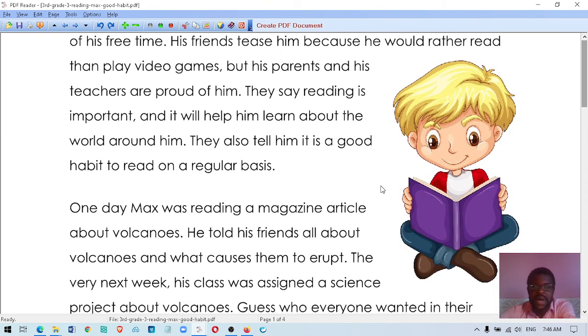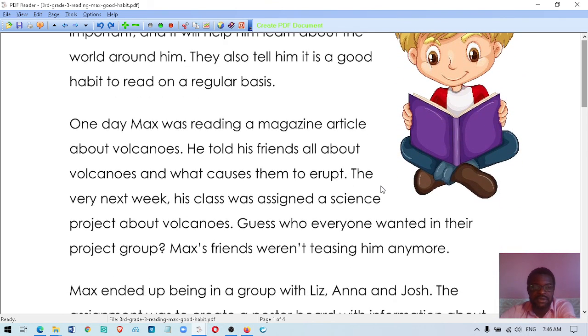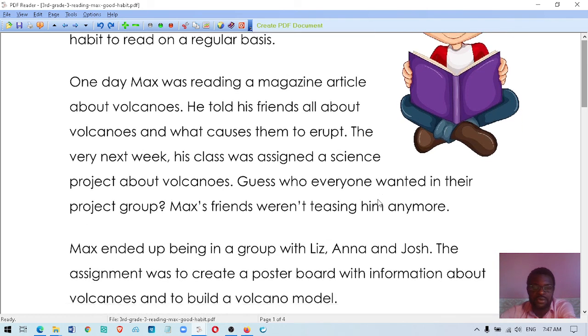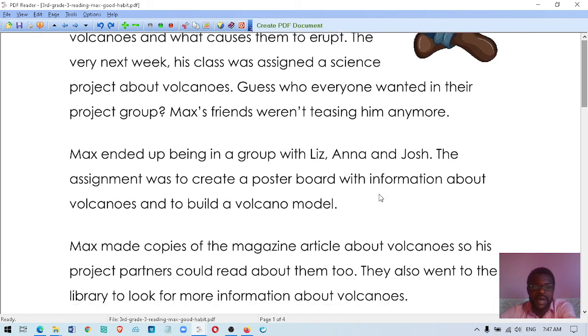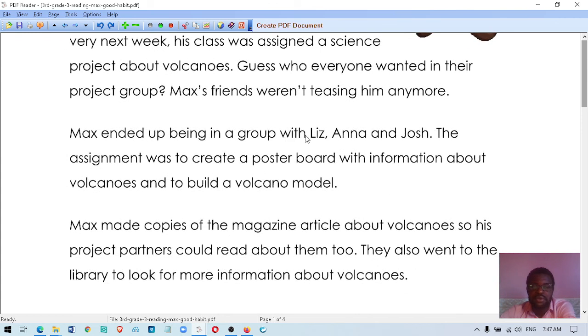One day, Mark was reading a magazine article about volcanoes. He told his friends all about volcanoes and what causes them to erupt. The very next week, his class was assigned a science project about volcanoes. Guess who everyone wanted in their project group? Mark's friends weren't teasing him anymore. Mark ended up being in a group with Liz, Anna, and Josh.